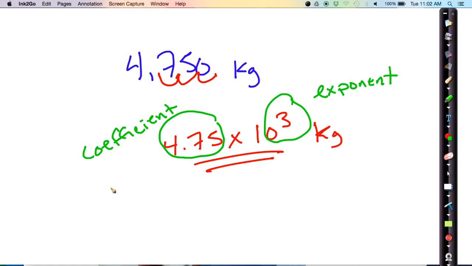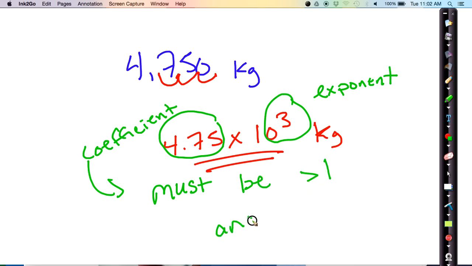And that coefficient must be between 1 and 10. So in other words, it must be greater than or equal to 1, and must be less than 10. Not less than or equal to 10, must be less than 10. And those are the rules for expressing a number in scientific notation.